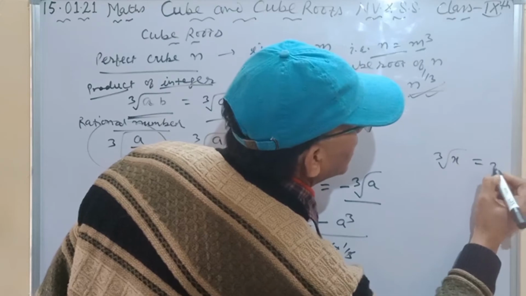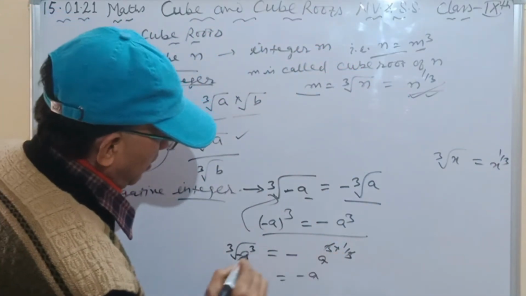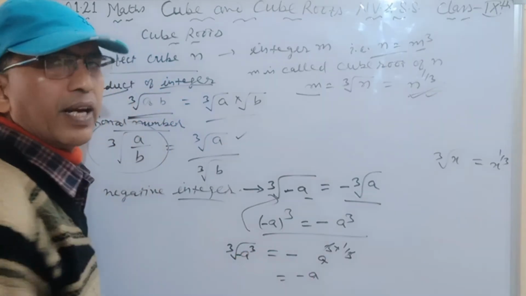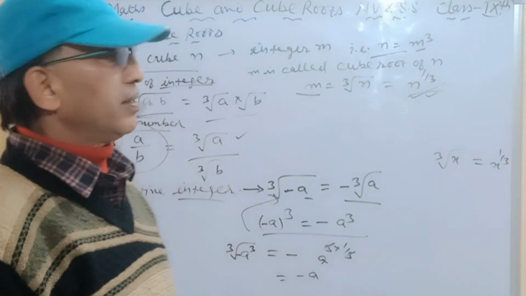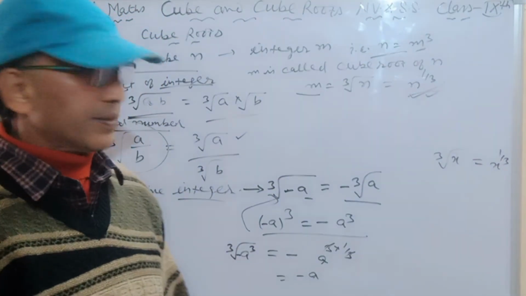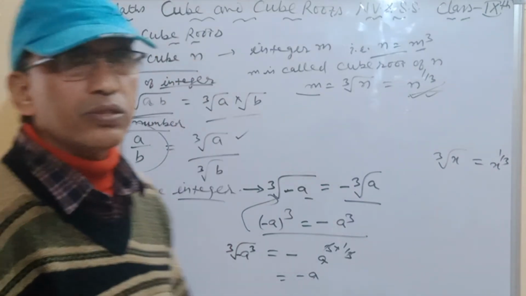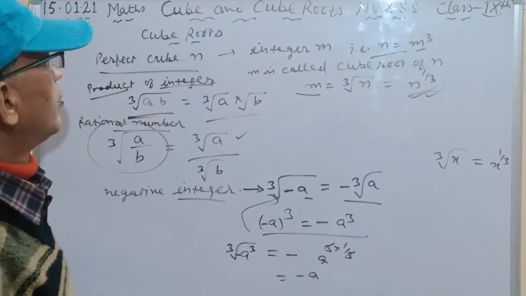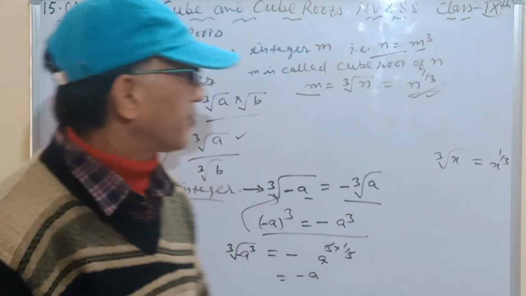You can also write this as 1 by 3; the powers get multiplied. I have given you the concept of powers in the 7th and 8th class. So this is the concept about cube roots for Navodaya Vidyalaya Sainik School.